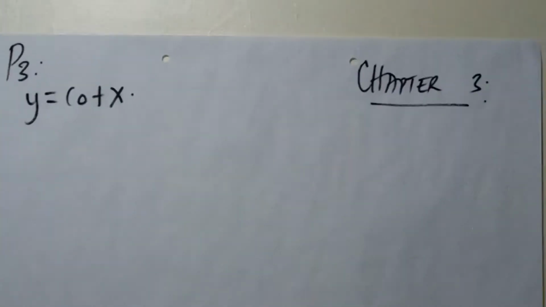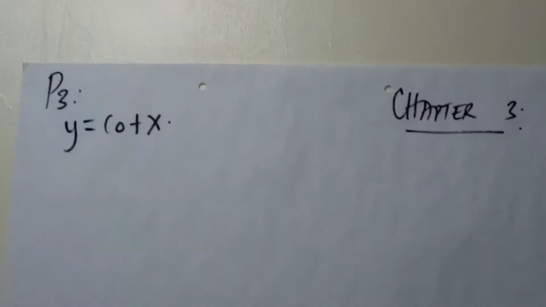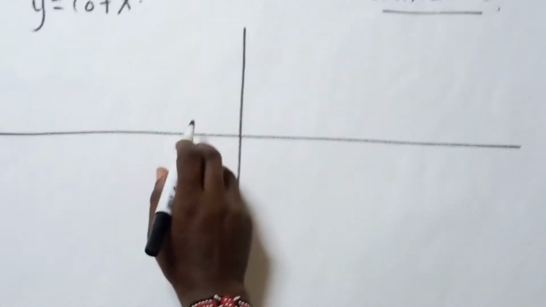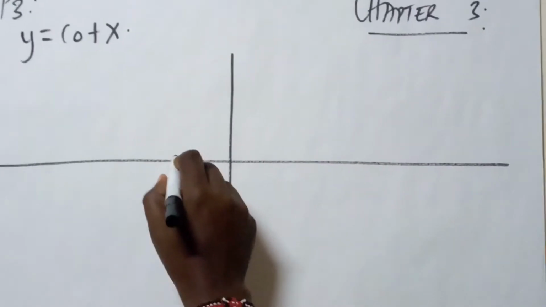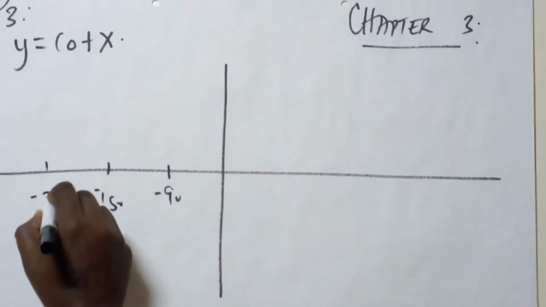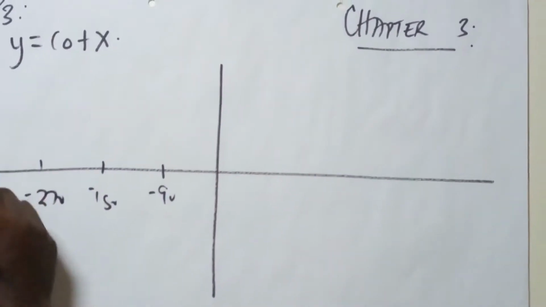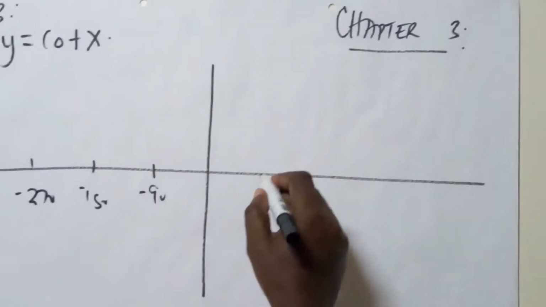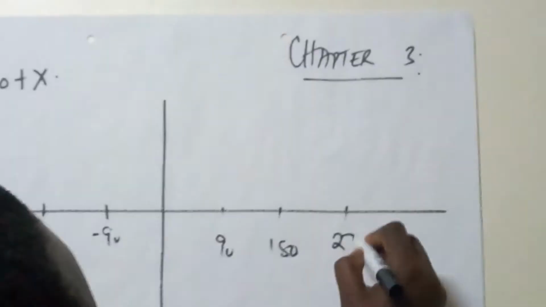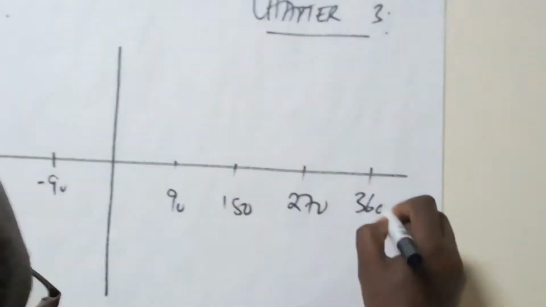For example, tan 360, negative, let's talk about something like this. That is minus 90, minus 180, minus 270, minus 360, and then 90 degrees, 180, 270, and 360 degrees.